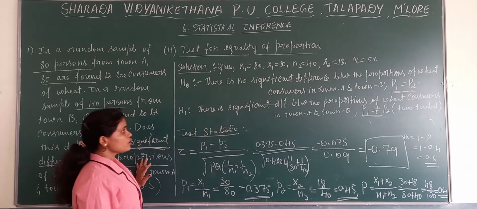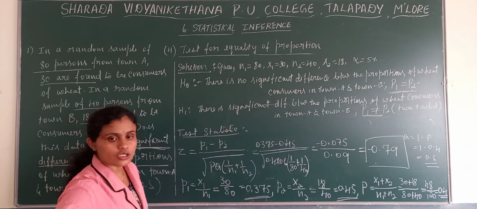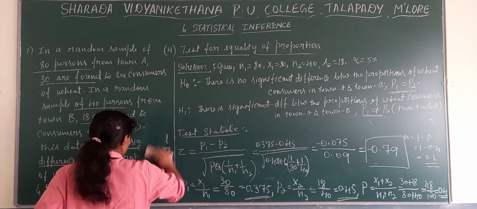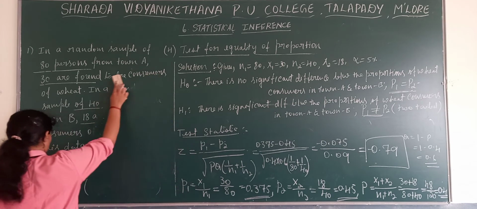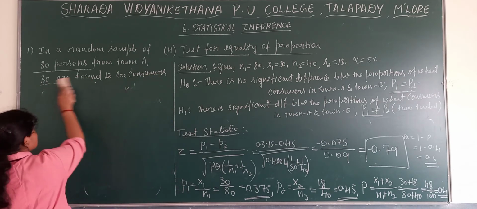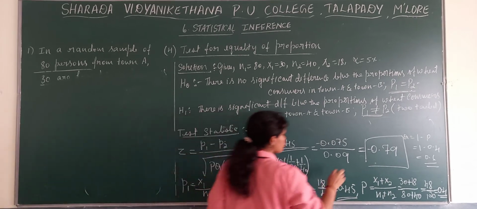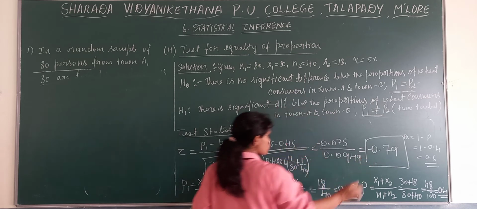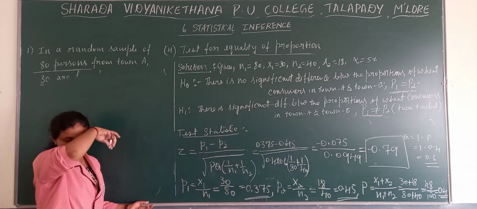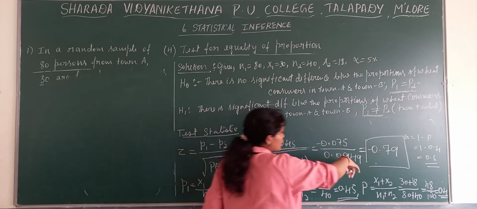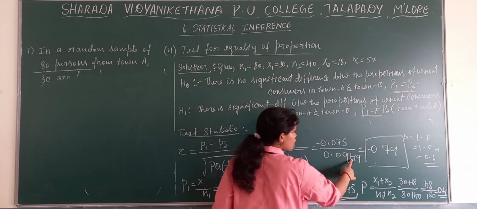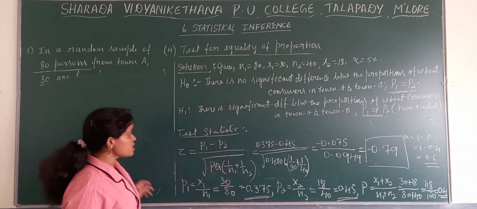Now you need to take the critical values. If you want you can take 4 digits also, 0.0949, or else you can round it up to 0.095.